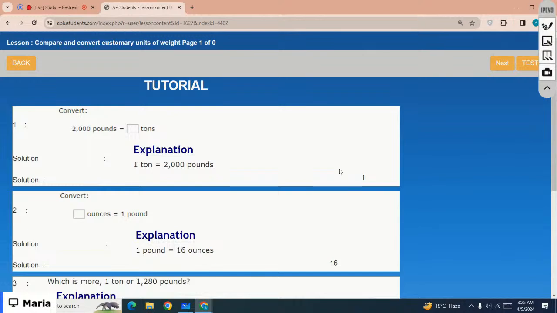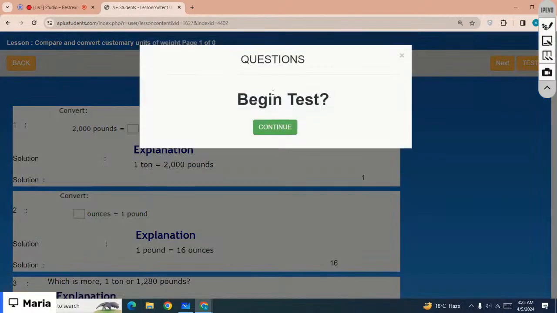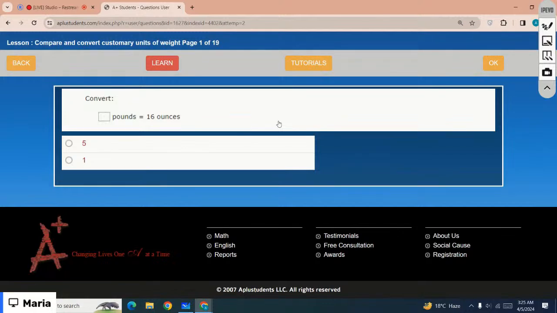Let's just start with the test questions. Okay, 16 ounces equal how many pounds?